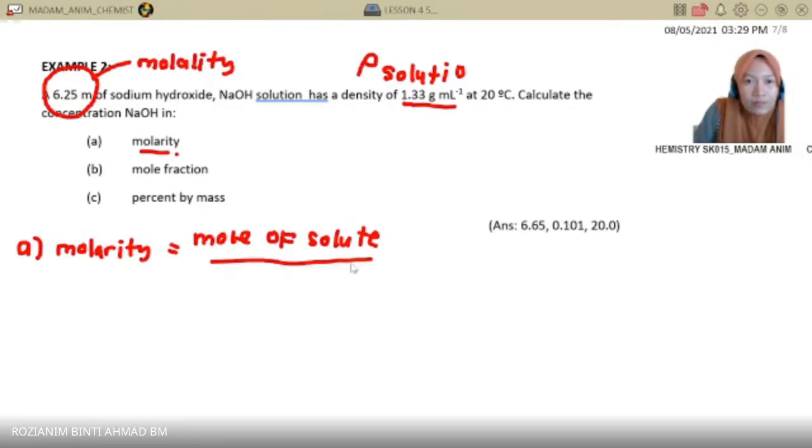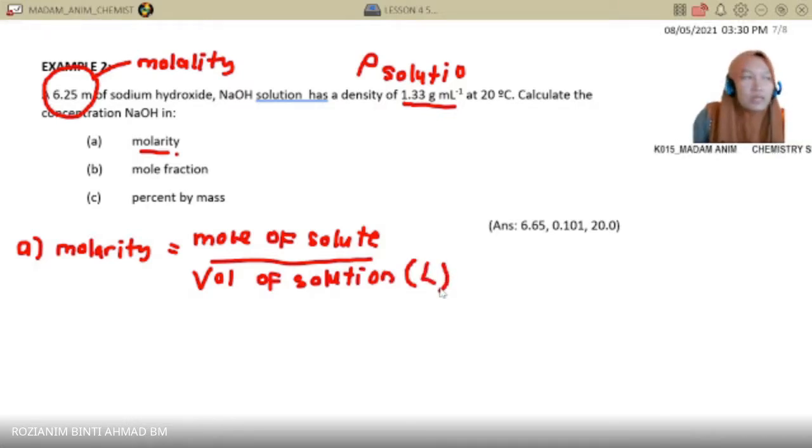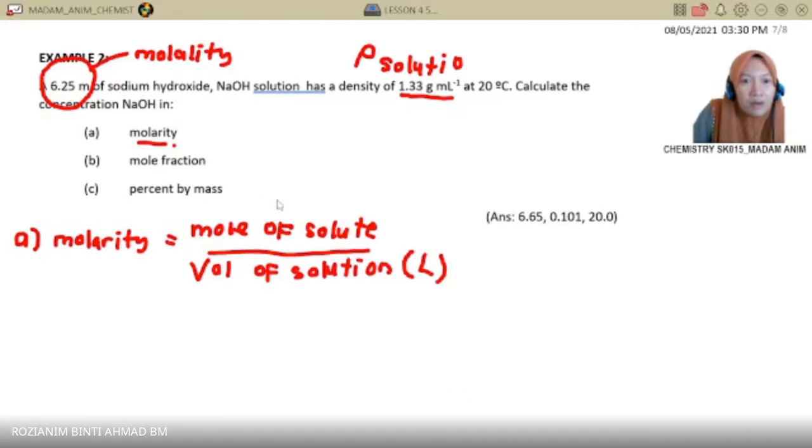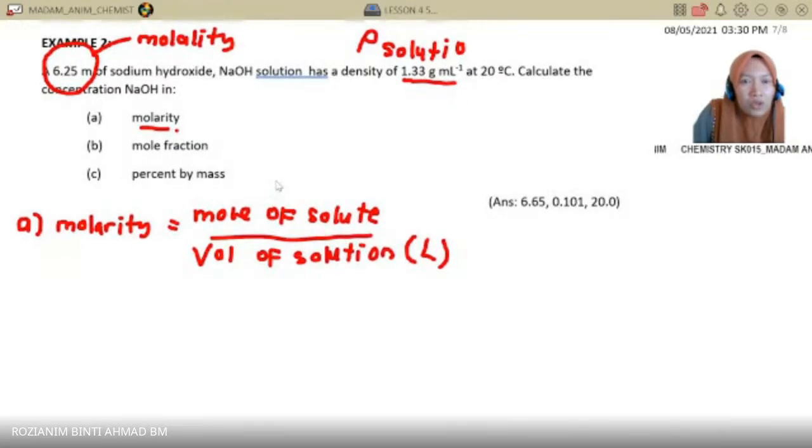Okay, volume solution. Tapi bila you letak je formula compulsory, unit volume wajib. Tak ada unit, tak dapat markah formula. Okay, and then what task you must find out first is the number of mole solute.